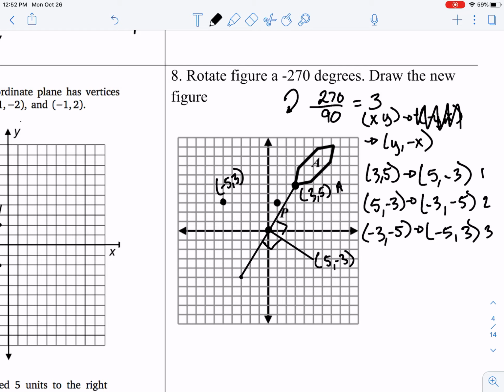There goes 180. All right, so that's 90. That's 90. Add those together, we get 180. And then our last one is right there, which is another 90. And I'm going to the right, so it's negative.